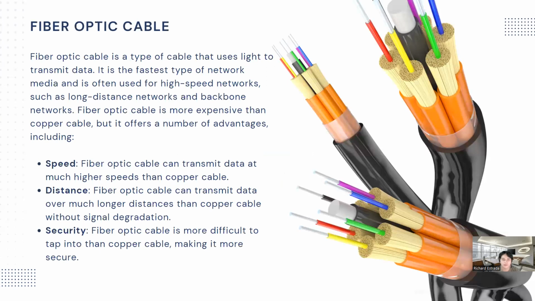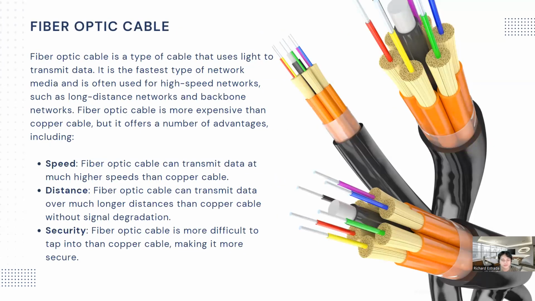And then the fiber optics, this one is common nowadays. Okay? This is a type of cable that uses light to transmit data. It is the fastest type of network media and is often used for high-speed networks such as long-distance networks and backbone networks. And fiber optic cable is more expensive than copper cable, but it offers a number of advantages including speed, distance, and security.